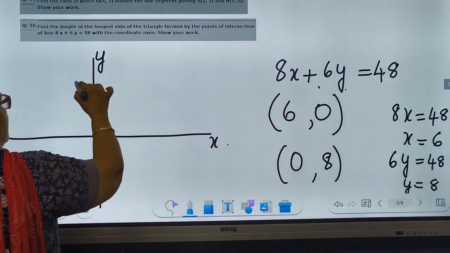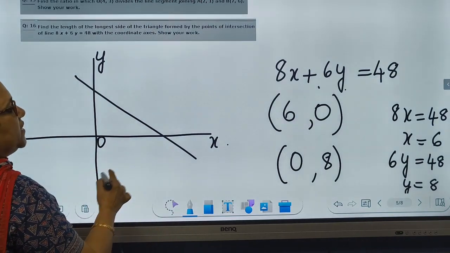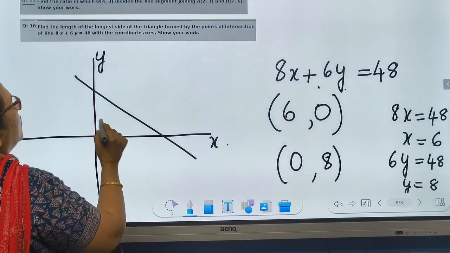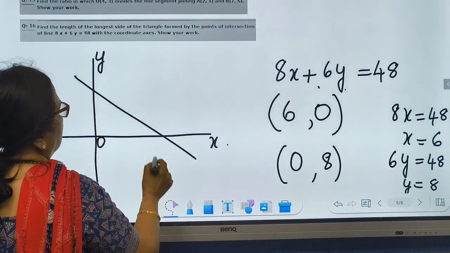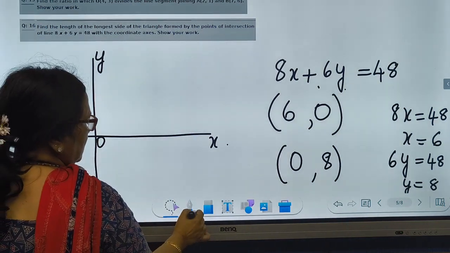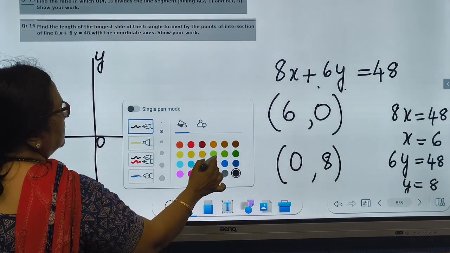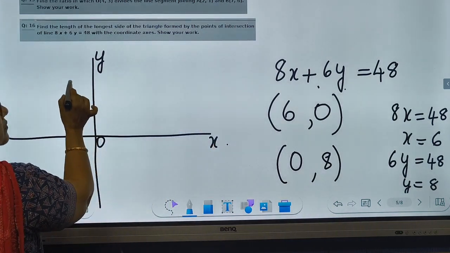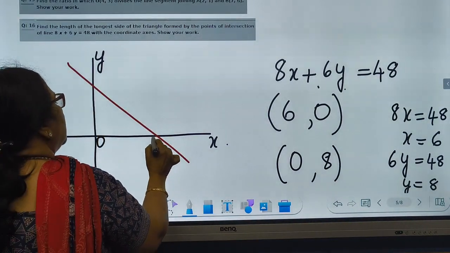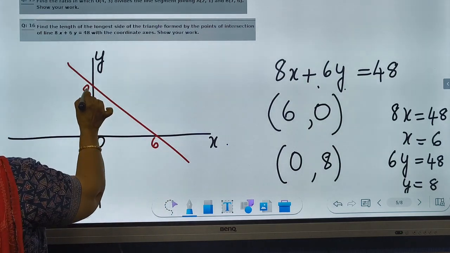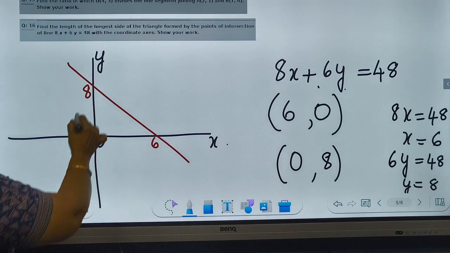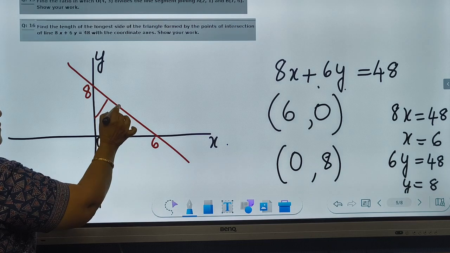So this line intersects the x-axis at (6, 0) and the y-axis at (0, 8). So let this be 6, let this be 8. So what is the shape of the polygon that you get? You get a triangle.